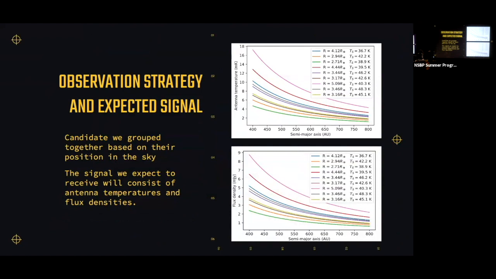So each individual line is a possibility. And this is the data that we would like to receive when looking at them with the Green Bank Telescope. For the signal expected, we have an antenna temperature plot as well as a flux density plot, and both of those are very important when it comes to looking for Planet 9.